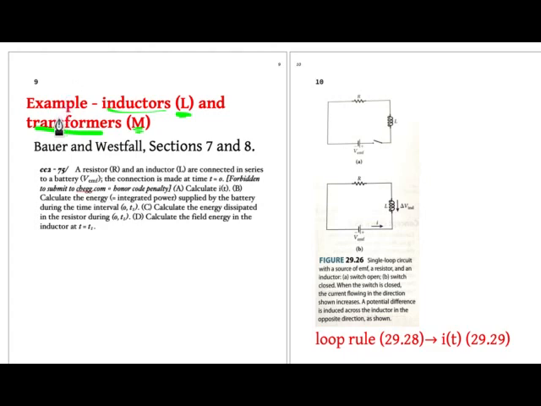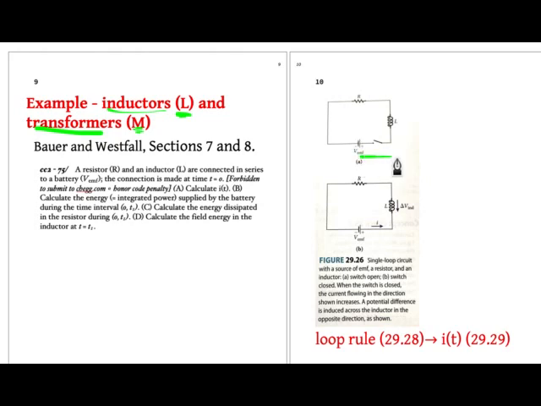Mutual inductance is very important in AC circuits, but what I want to consider here is a DC circuit. So I'll have a DC circuit. It'll have a battery, an inductor with self-inductance L, and a resistor.